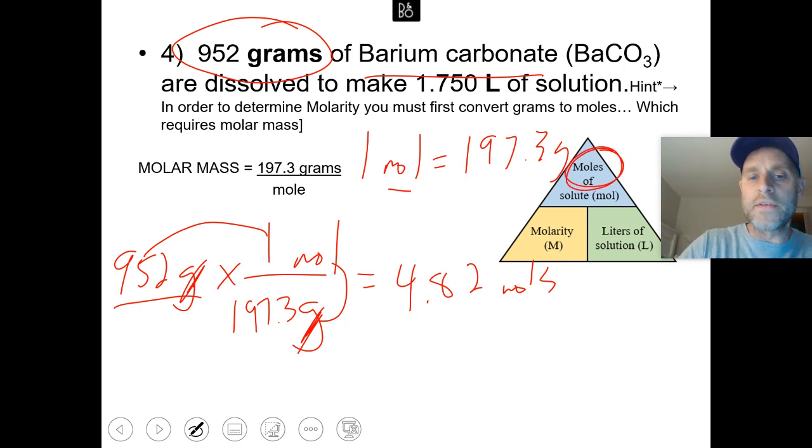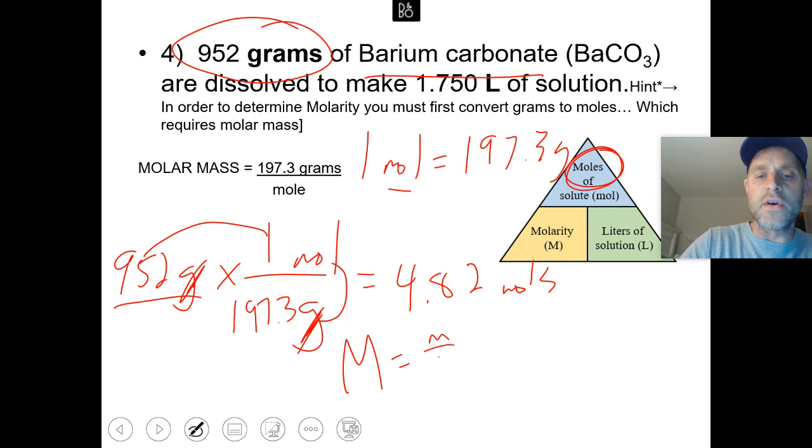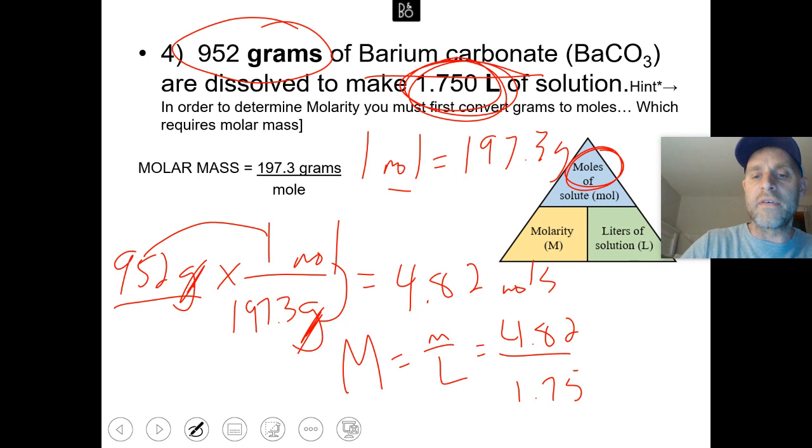Now I got it, right? That's how many moles. So now I just plug it in. Molarity is moles over liters. What's moles? Moles were 4.82. What's liters? There it is in the question, 1.75. Pull out the calculator, 4.82 divided by 1.75.